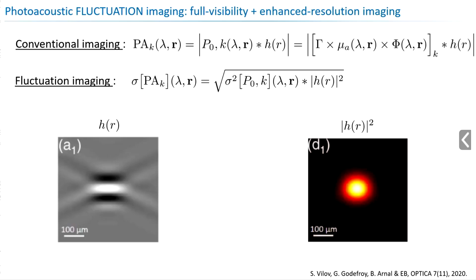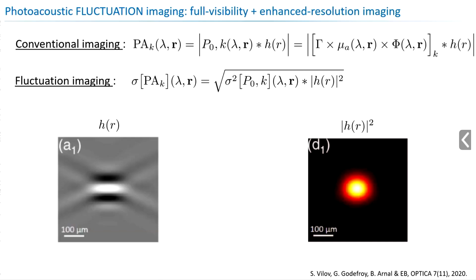Something very interesting now: if the source of photoacoustic signal is fluctuating, then you have a pile of images over time, and this pile of images, you can average it, and then you get that standard image. For those who were at Anne Sentenac's talk yesterday, when you have a pile of images obtained with some fluctuation, in Anne's talk she used speckle illumination to make the signal fluctuate in time.